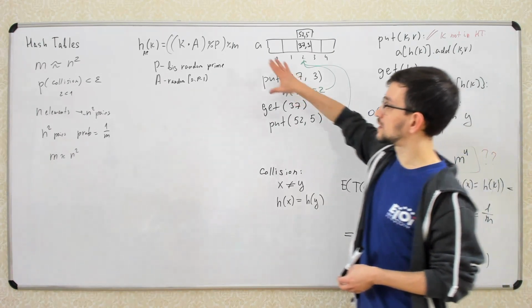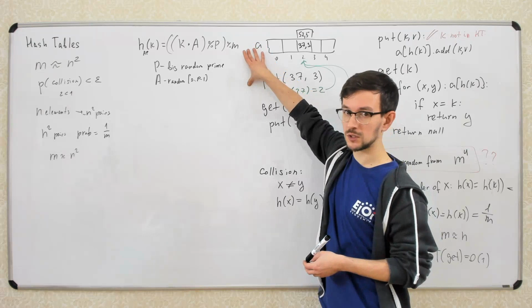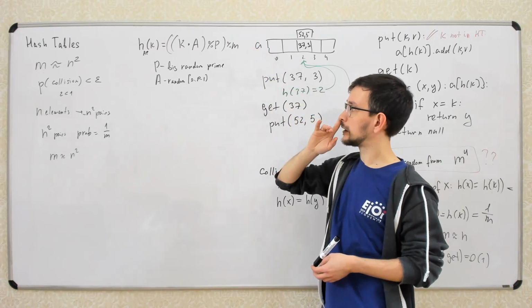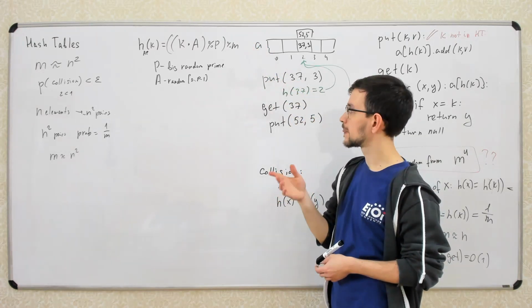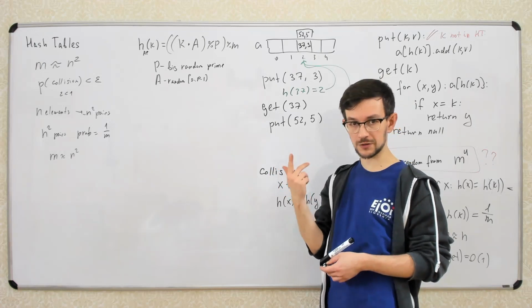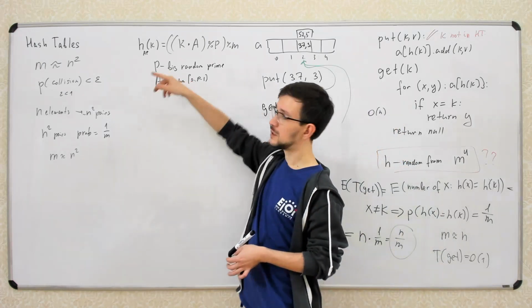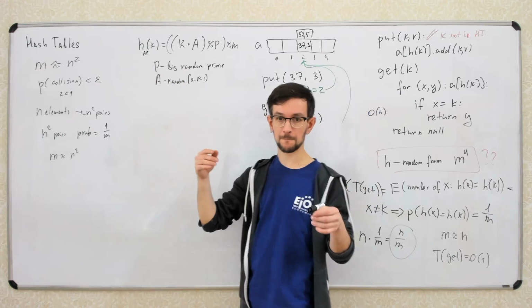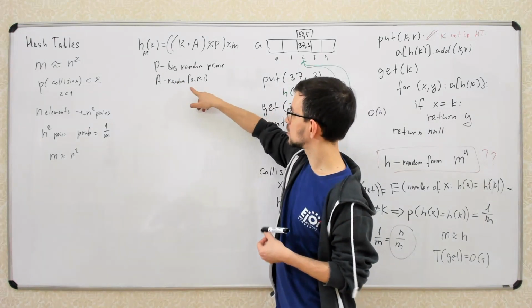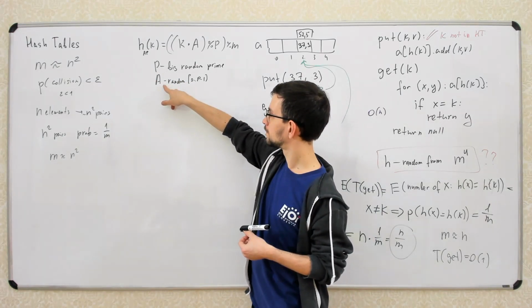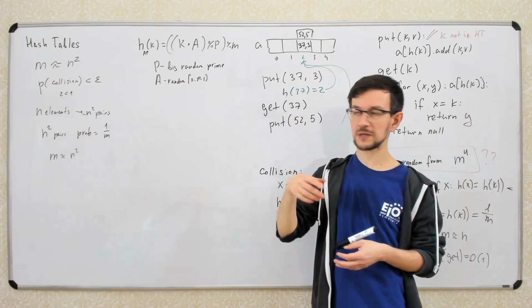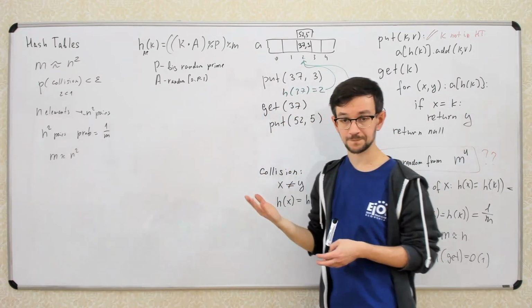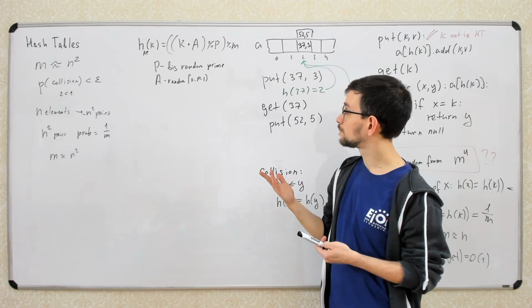So let's use this set of hash functions, where each hash function is defined by two integer numbers. The first integer number is p, some big prime number. And the second is a, just some random number from 0 to p minus 1. That's all.